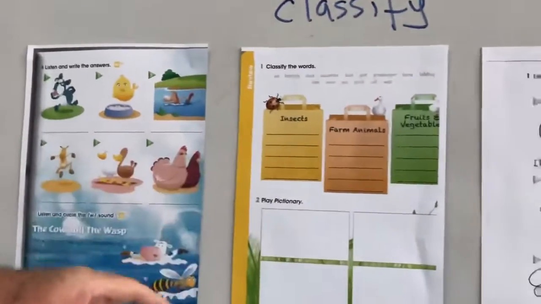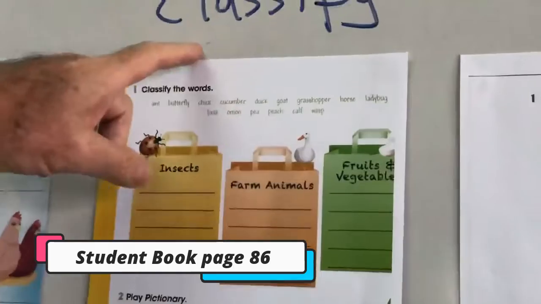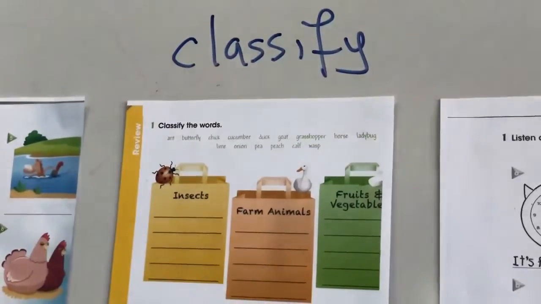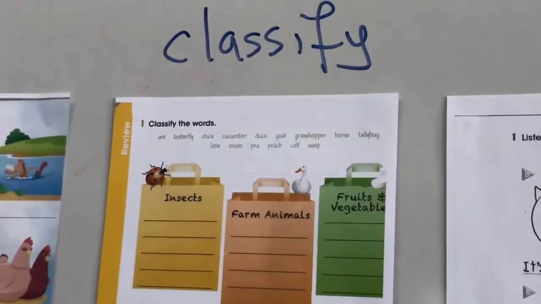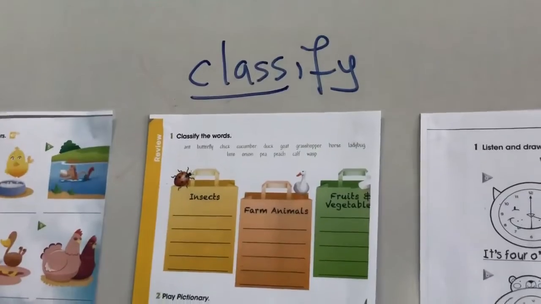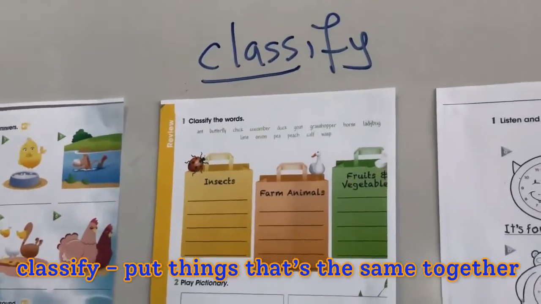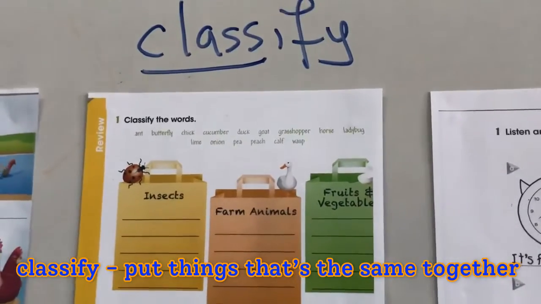Okay, now that's the first page. Now let's go on to page 86. Page 86 asks you to use this word here, classify. Classify means put into the same class, or put the things that are the same together. To classify is put things that are the same together.